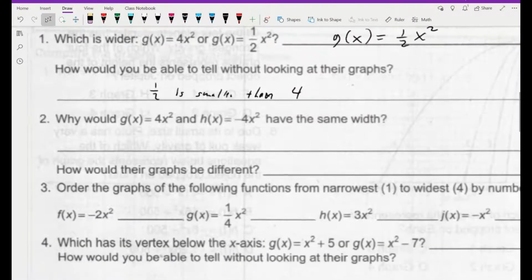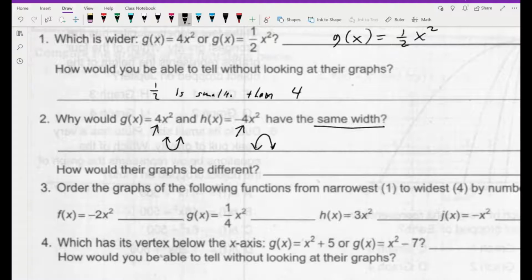Now, why would g of x equals 4x squared and h of x equals negative 4x squared have the same width? Well, the numbers are both 4. The negative sign, so if I were to graph it, it would look like this. This would also be of a width of 4, but the negative sign just tells us it's opening down.